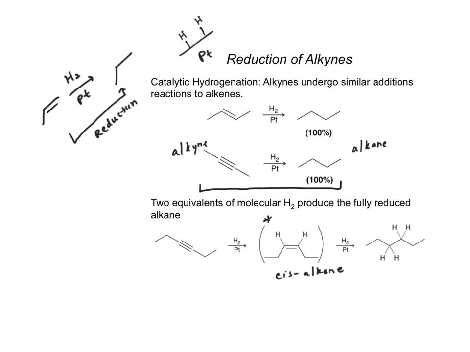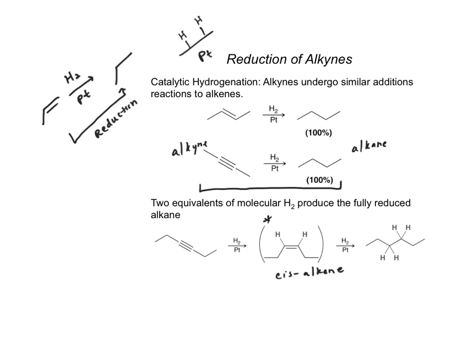We can't do that with hydrogen and platinum metal. Could we potentially want to do that, though? You guys don't know the answer to that question, but yes, potentially we could want to actually isolate this cis-alkene. So the question is, well, how do we do that? We can't do that with this hydrogen and platinum metal, with this catalytic hydrogenation. So how are we going to go about isolating the cis-alkene?